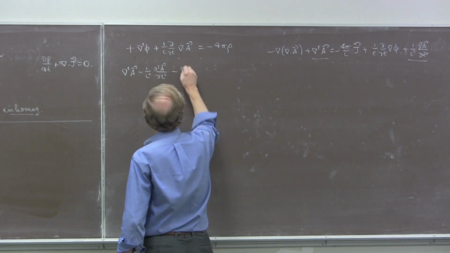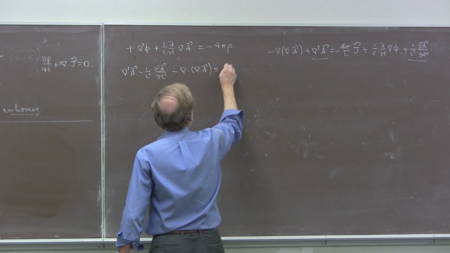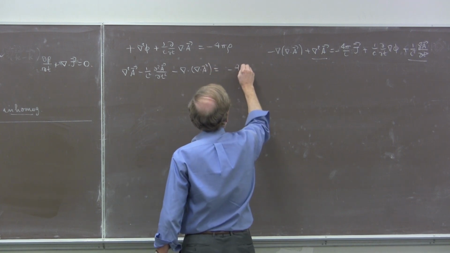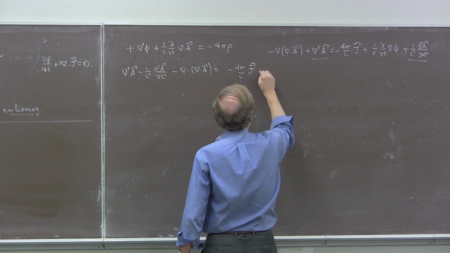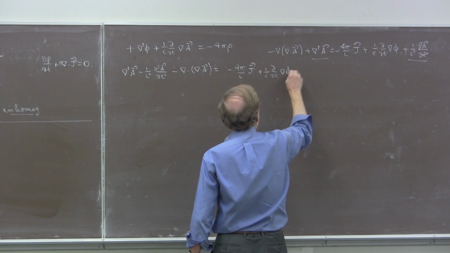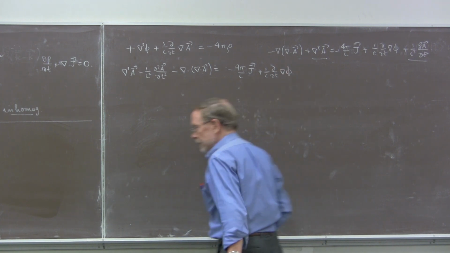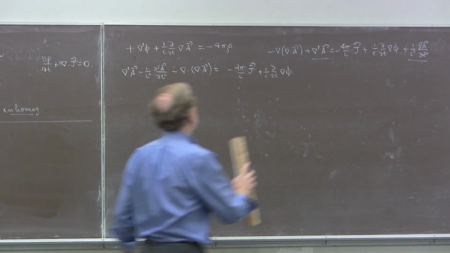Then we have minus the gradient of del dot A, and that's equal to, on the right-hand side, minus 4 pi over c J, plus 1 over c dt of the gradient of phi. Okay, and having done that, we now have the equations of motion in terms of potentials.